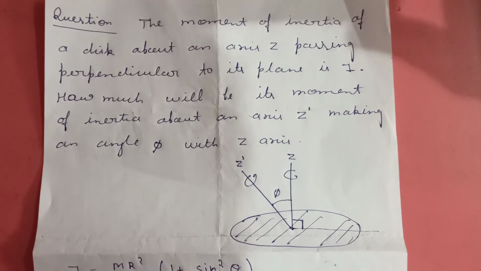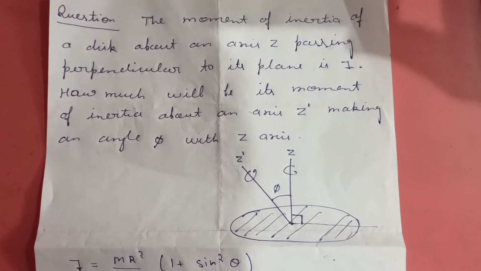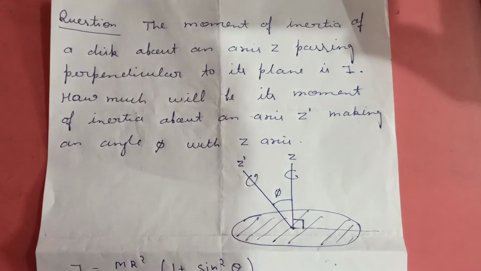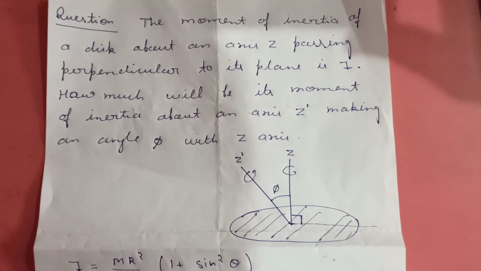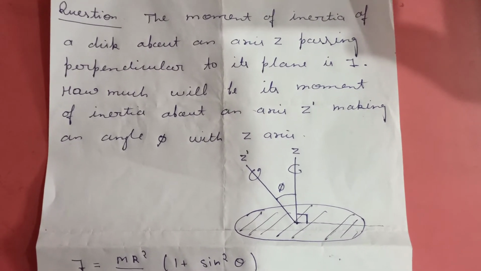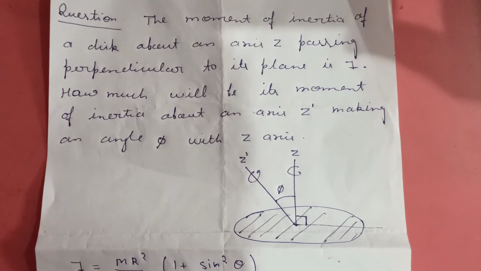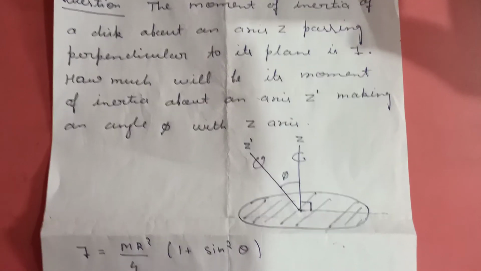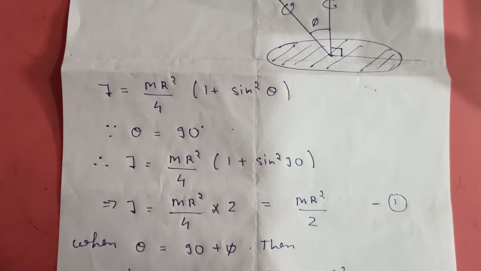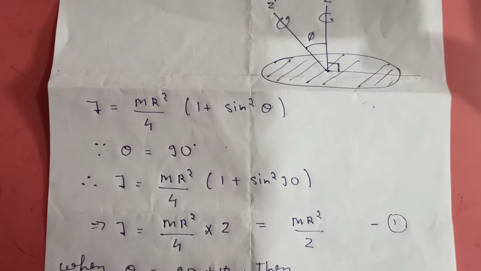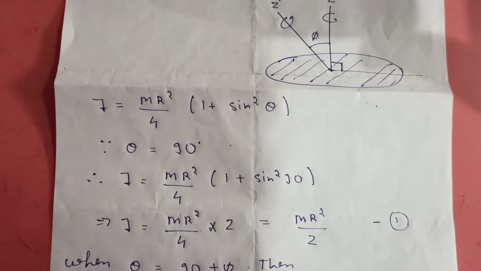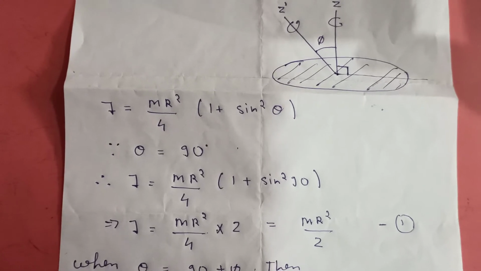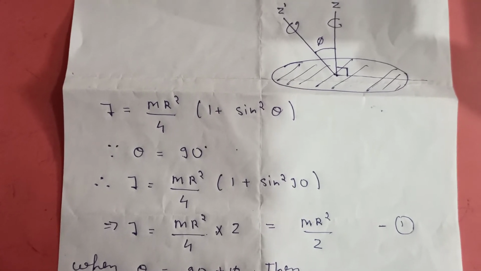Now guys, again coming to our question: the moment of inertia of the disc about an axis z passing perpendicular to its plane is I. How much will be its moment of inertia about an axis z dash making an angle phi with the z axis? We got the equation I is equal to M R square upon 4 times 1 plus sine square theta.